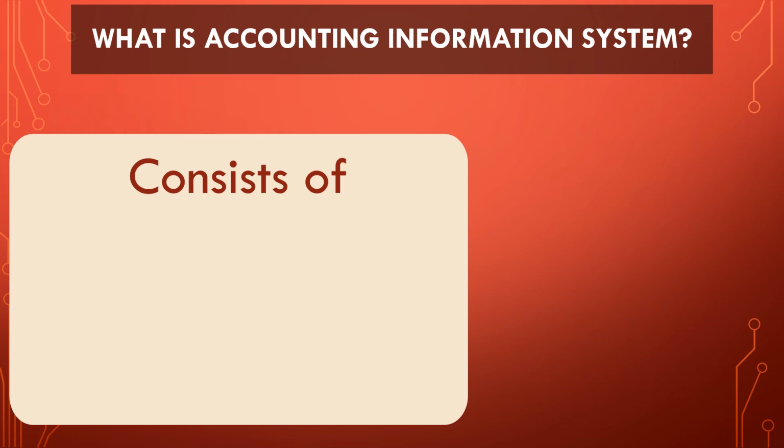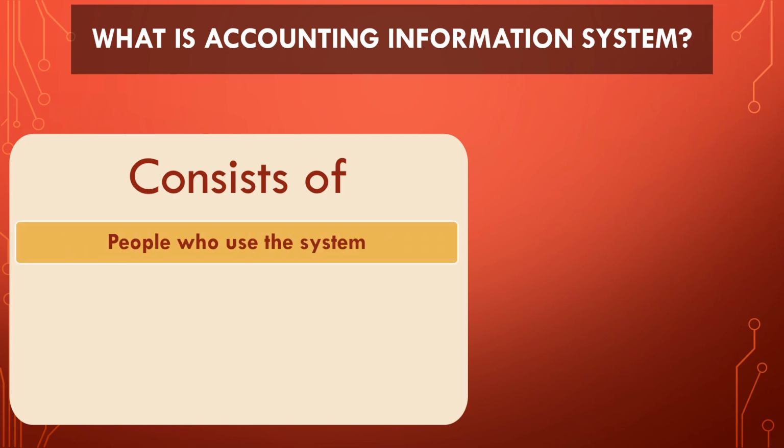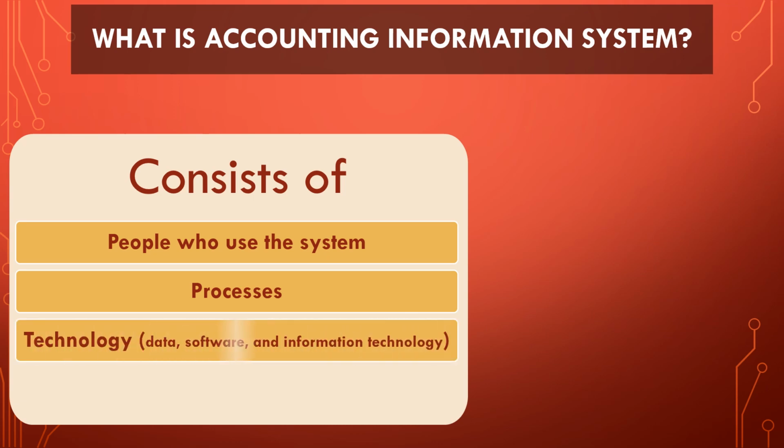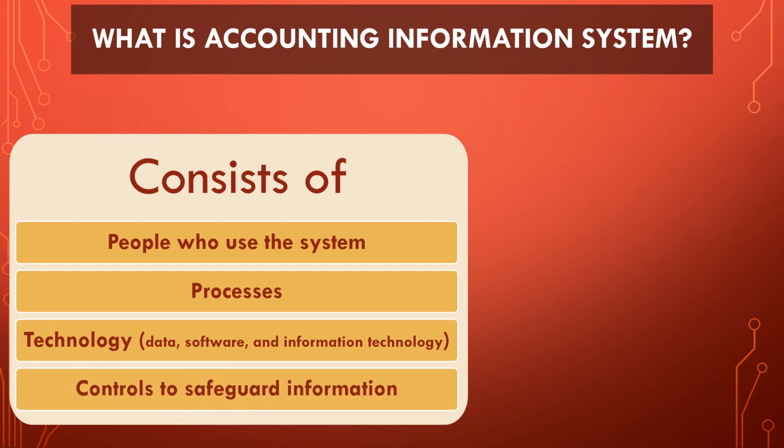So let's see here what the components of the accounting information systems are. It consists of people who use the system, processes, technology involving data, software, and information technology, and also the controls to safeguard this information, because information is now considered a valuable asset for the accounting information system.